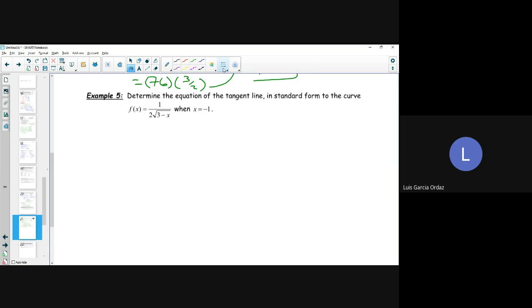So we can write this as f of x is equal to 1 over 2 times 3 minus x to the 1/2. And now what I can do is just bring this up and have the exponent be a negative 1/2 as I bring it up. So I can be left with 1 over 2 times 3 minus x to the negative 1/2. Now it becomes easier for you guys to find the derivative of this.